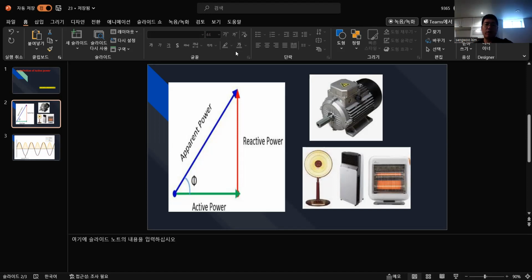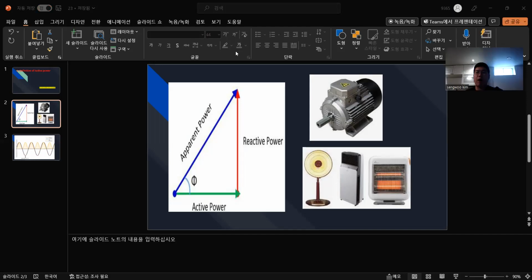So we need to learn a little bit about the power system. In general, in the daytime, our main load is a motor, right? Here is our generating system, V, and here is a load, I mean, a motor.